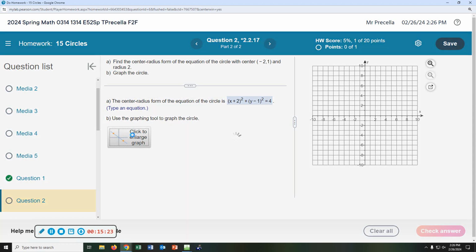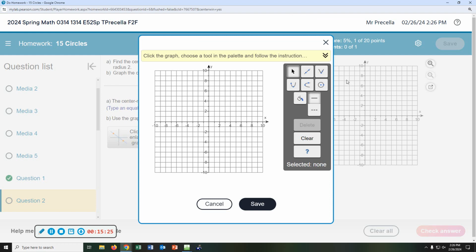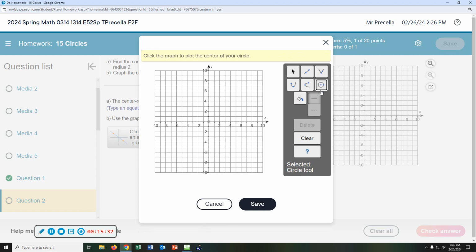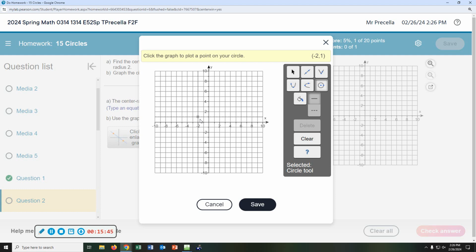Now we click our graph. This is a circle. We have x squared and y squared, so it's a circle. And the center is at -2, 1. Is that it? Yes, that's the center, so I'm going to click there. Notice as I move my mouse around, it's drawing every possible circle that's centered at -2, 1.